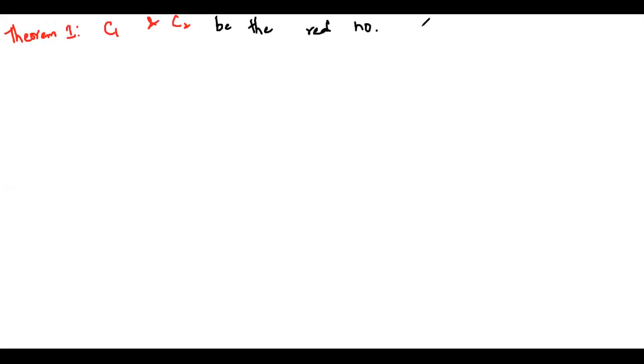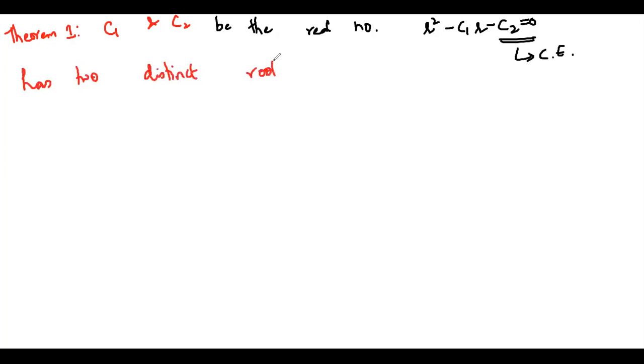and suppose, so C1 and C2 are constants, and our characteristic equation is in the form r square minus C1 r minus C2 is equal to 0. This is the characteristic equation that we have got, and this equation has two distinct roots. What are the roots?